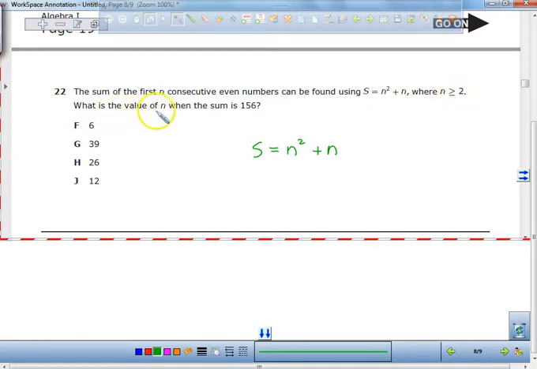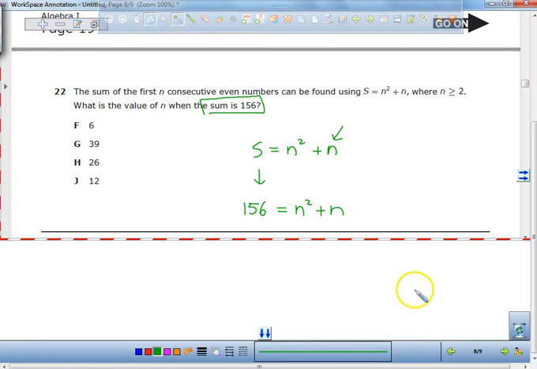What is the value of n? So basically, what are we solving for? We're looking for the value of n when the sum is 156. So what does my S value have to be? 156. Put that in: 156 equals n squared plus n.